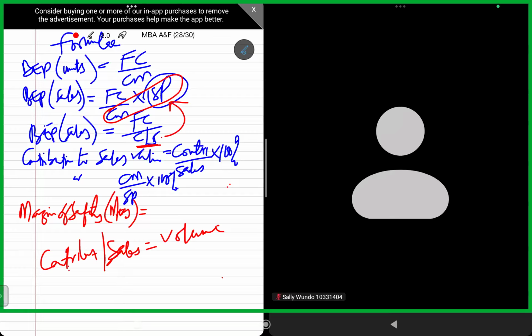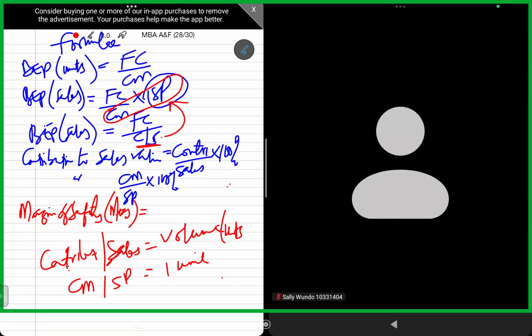Volume means large number of quantities sold or large number of contribution made on total units. But when the business says contribution margin, it's referring to contribution per unit, for one. The same way when the business says selling price, it is referring to 1 unit, just one. But volume is talking about so many units.